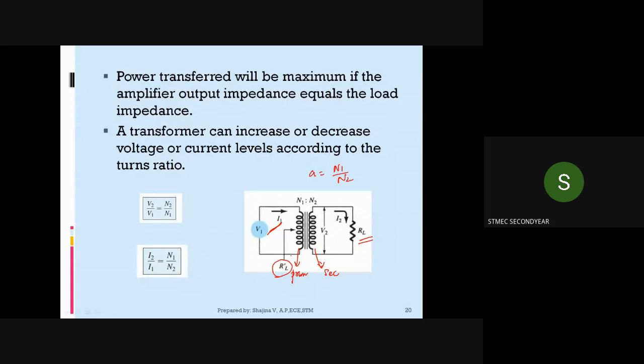Now see the transformer relation: V2 by V1 is equal to N2 by N1, and I2 by I1 is equal to N1 by N2. This is the voltage relation and this is the current relation, relating the voltage and current to the turns ratio N1 and N2.